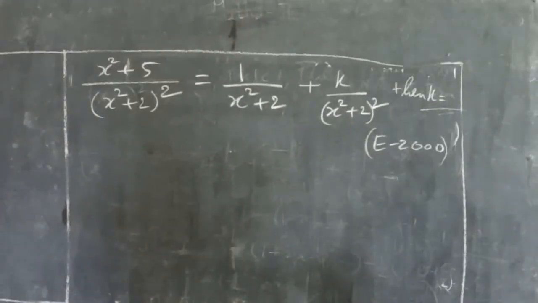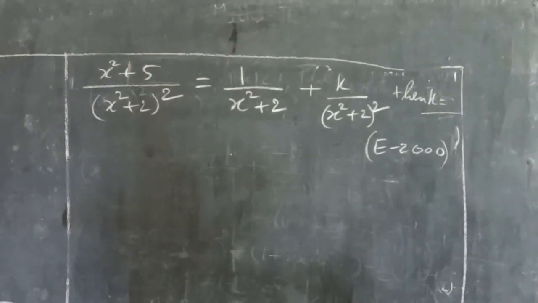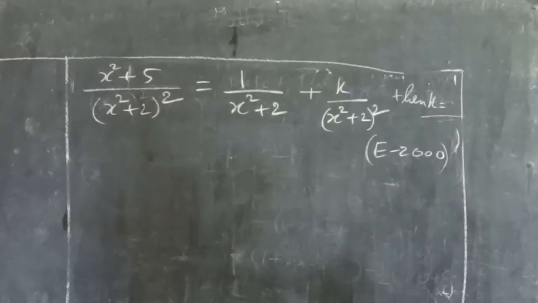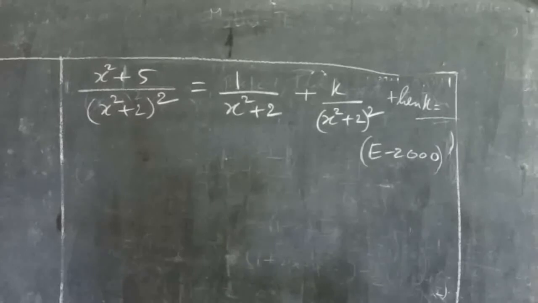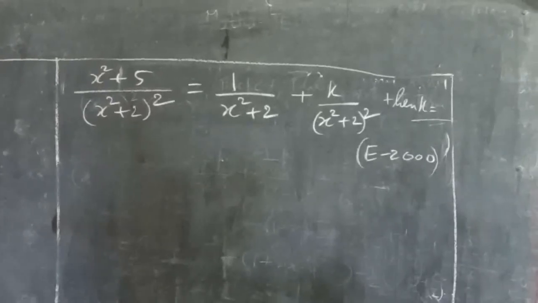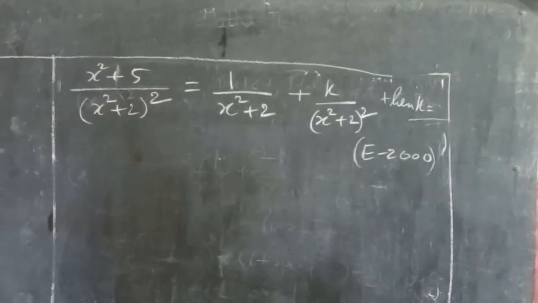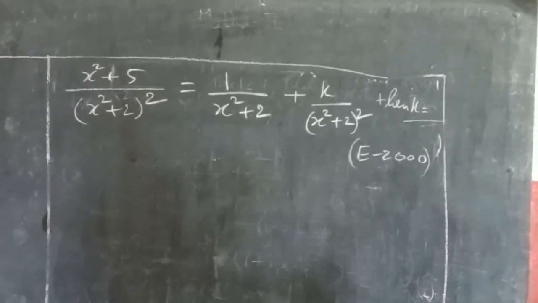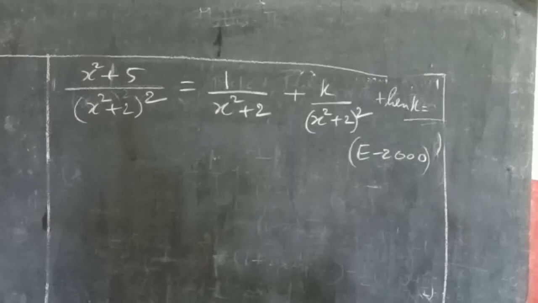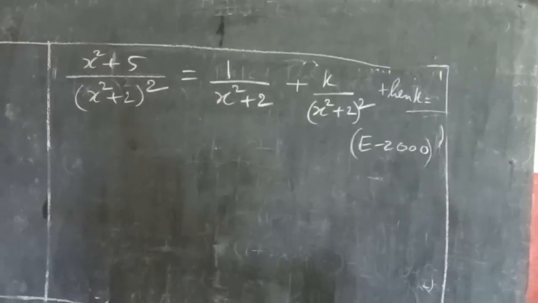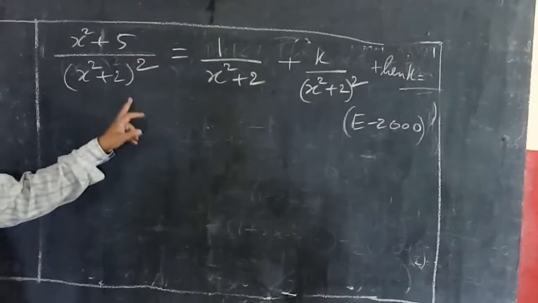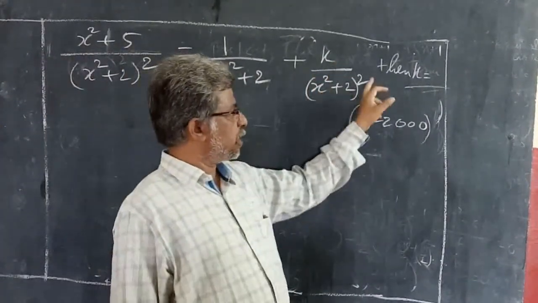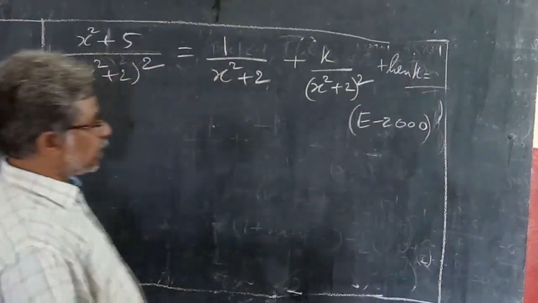Easy, right? So (x square plus 5) by (x square plus 2) whole square equal to 1 by (x square plus 2) plus k by (x square plus 2) whole square. Then k equal to is asked.